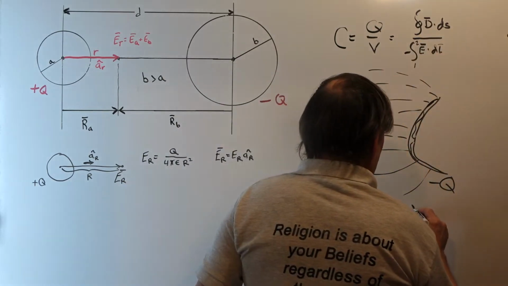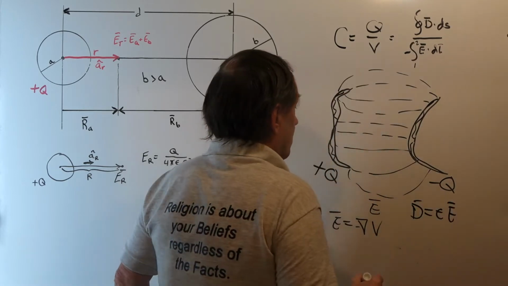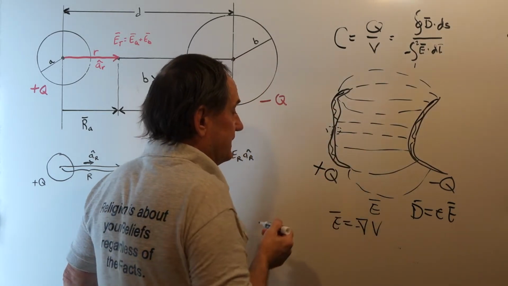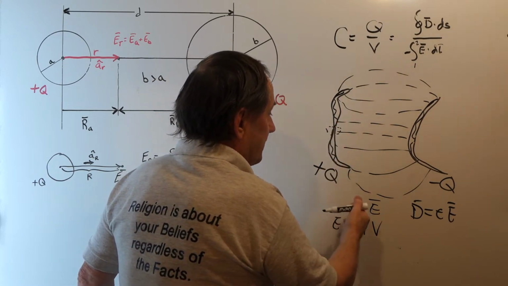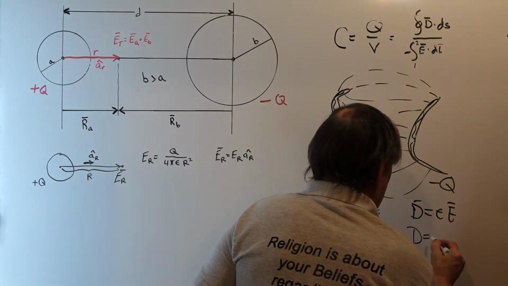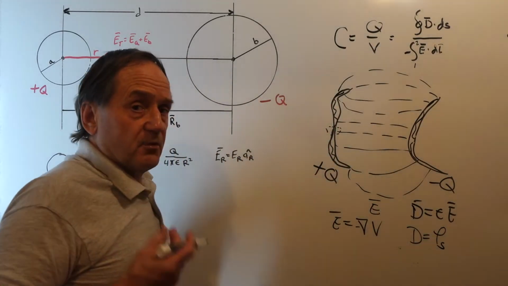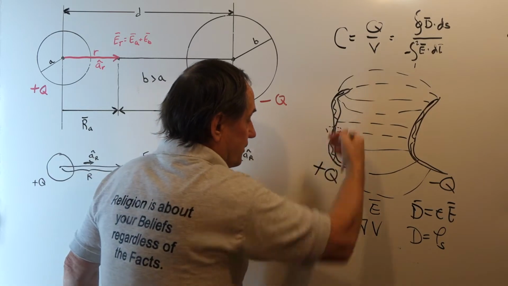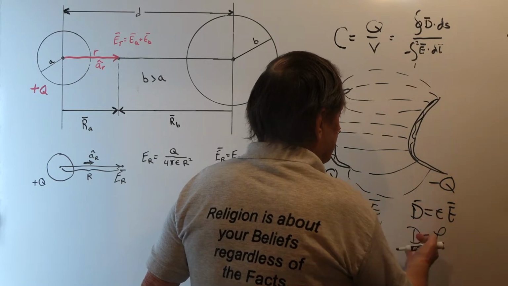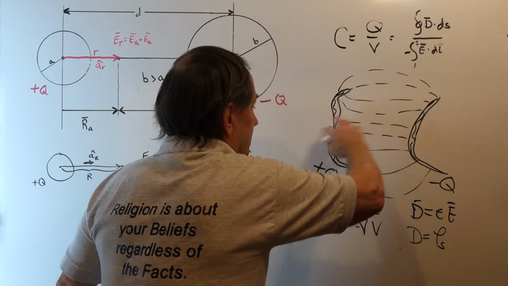And from the D field, we know that the D field is epsilon E. So knowing the charge, you can put a little pillbox there, get what the D field is near the surface, and the magnitude of the D field is the surface charge density. That is, charge per unit area on the surface. And once we have the D field, we can compute the electric field just by dividing the D field by epsilon, the permittivity in the medium between the two conductors.